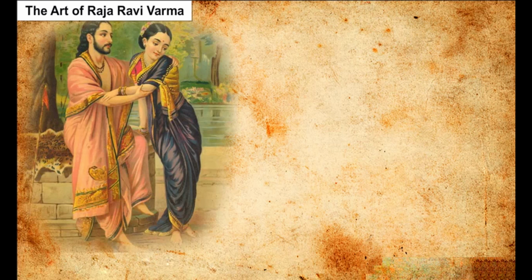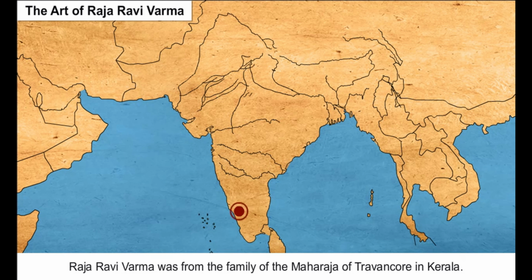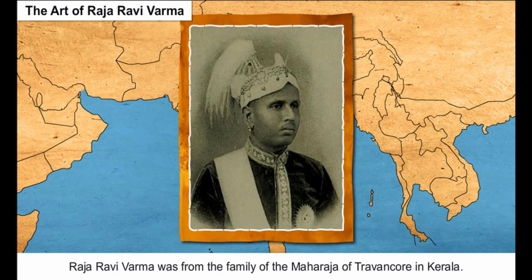The art of Raja Ravi Varma. The first artist who tried to combine modern and national style was Raja Ravi Varma. He was from the family of the Maharaja of Travancore in Kerala.